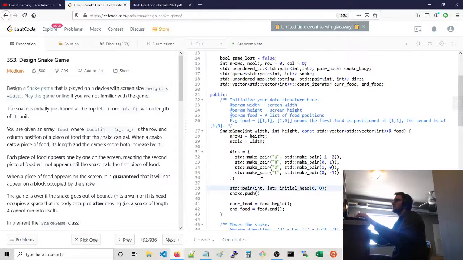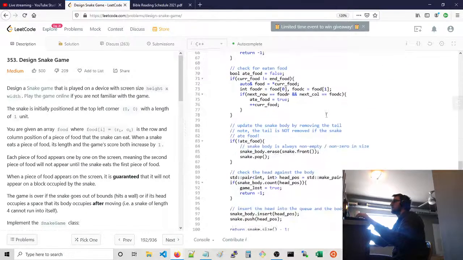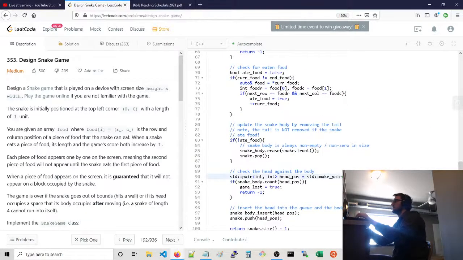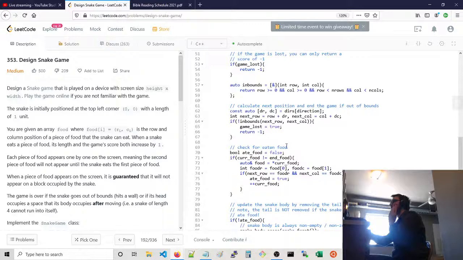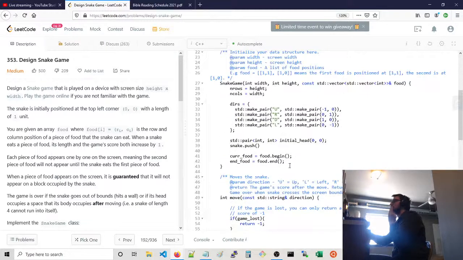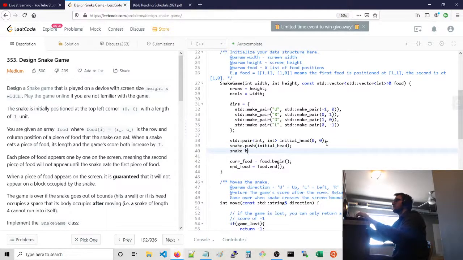You don't need to use make pair, I think. If I recall correctly, it's not really necessary. So the initial head, put the initial head into the snake and the snake body, insert the initial head as well.